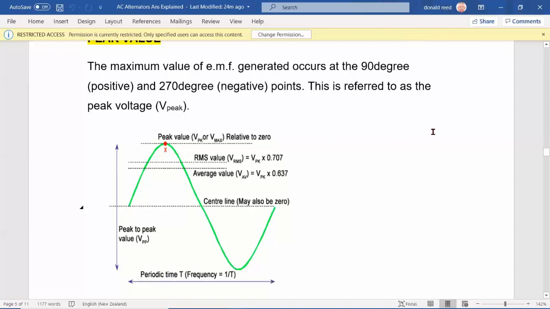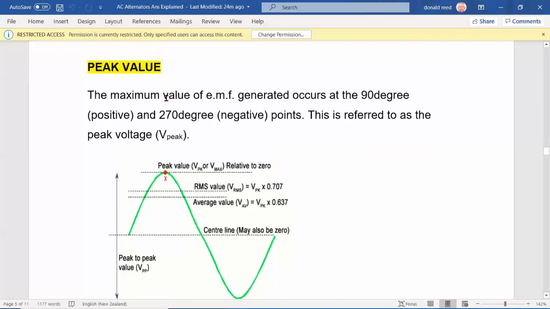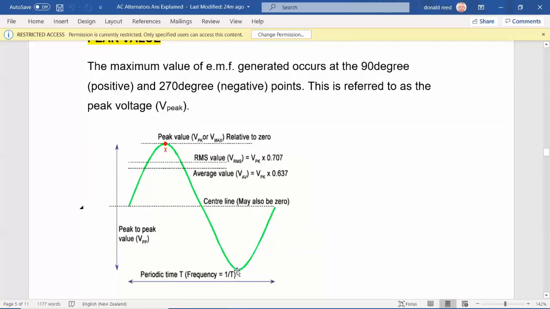So the maximum value of EMF voltage generated occurs at the 90 degrees and 270 degrees, which is the negative point. So that down there is 270 degrees. From the beginning to the end, we have 360 degrees.